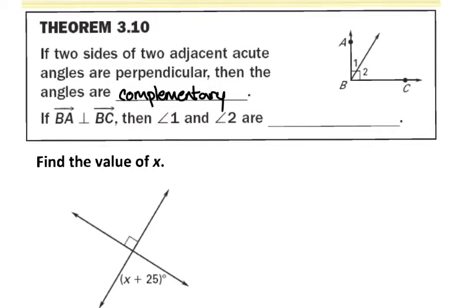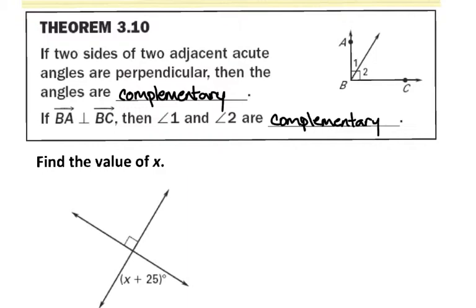To explain this a little more using this figure, angles 1 and 2 are adjacent angles, meaning they lie next to each other and share a common vertex.